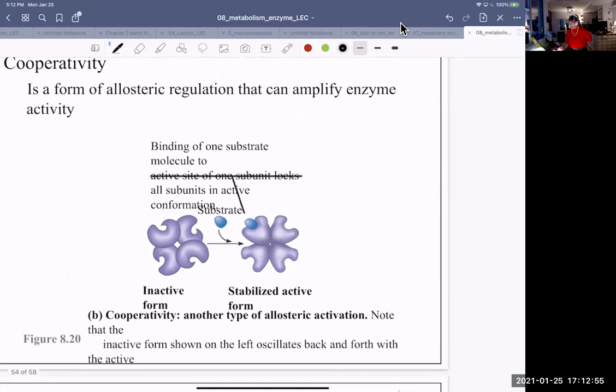So cooperativity is not inhibition, it's allosteric regulation that amplifies enzyme activity. So here's the inactive form here. Here's the molecule that will bind to the site and make it into a stable active form.